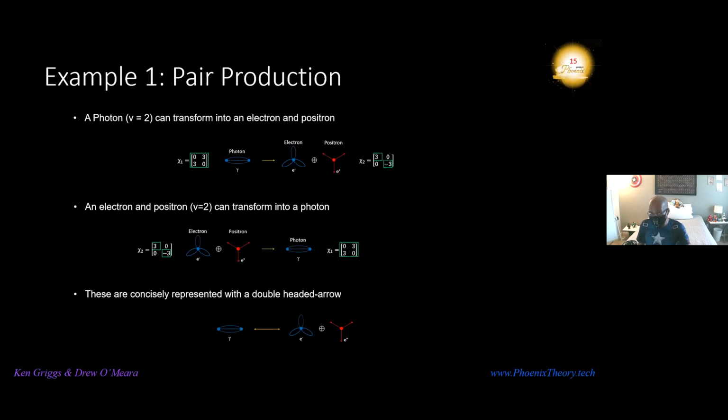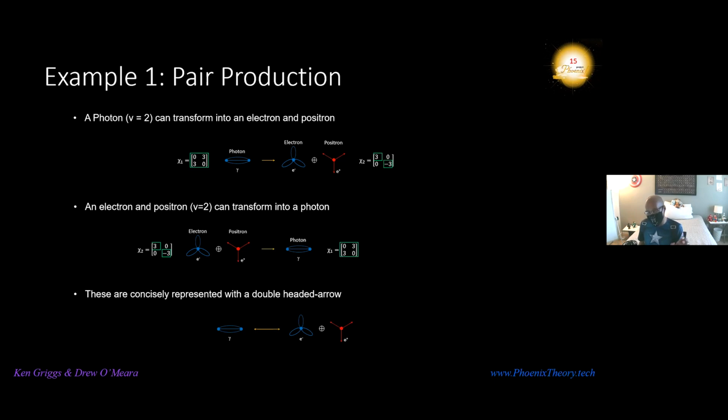So let's show you what can happen when you're actually using this matrix representation. In this particular case, we can explain pair production, which is very simply, how does a photon actually spontaneously become an electron and a positron? The way that's represented here is that the actual matrix for the photon has 2 zeros on the diagonal, 3s on the off diagonal.